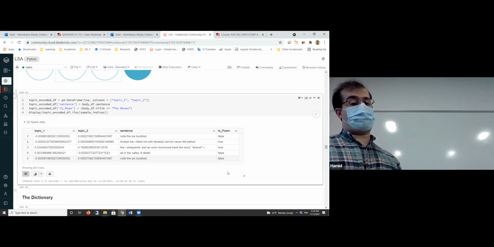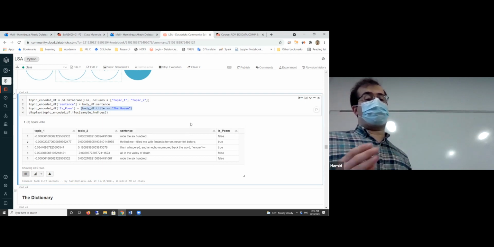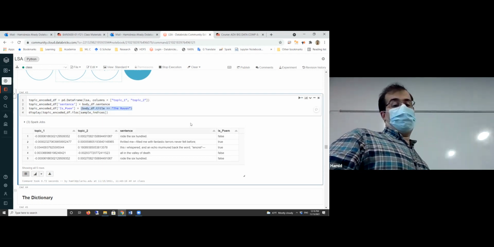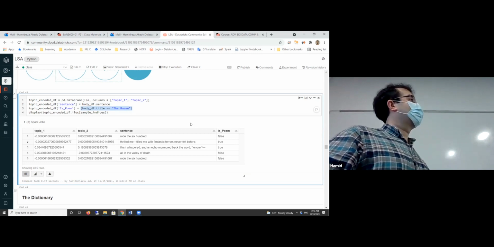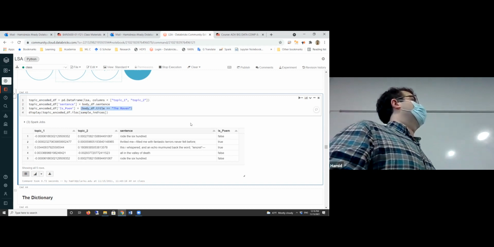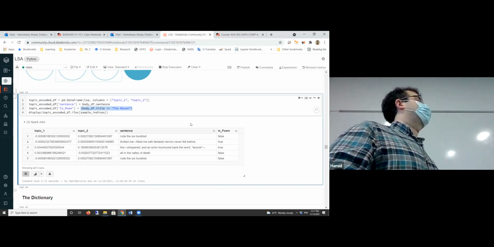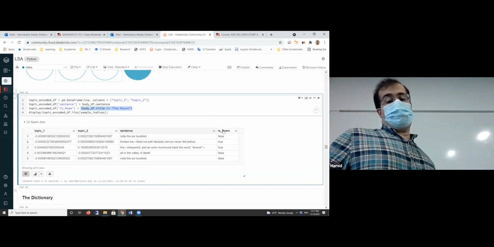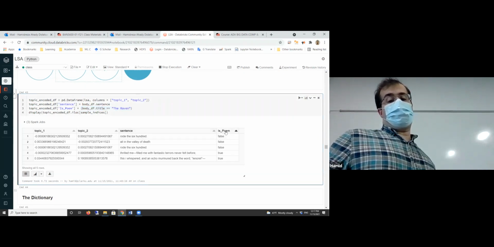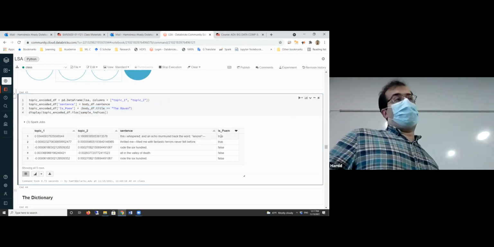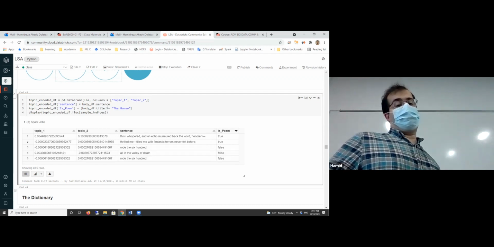So as you see, I'm saying that if the title equals Raven, this condition has two outputs. If the title is actually Raven, it brings true. If that condition isn't true, it returns false. So that's the reason here you have the isPoem column. It just has two values, true or false, because it was made out of this condition.